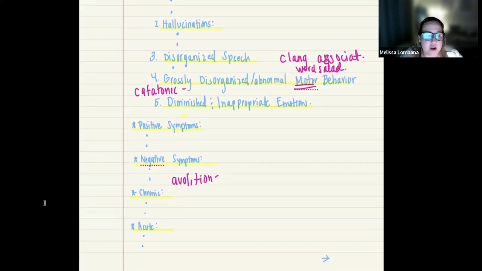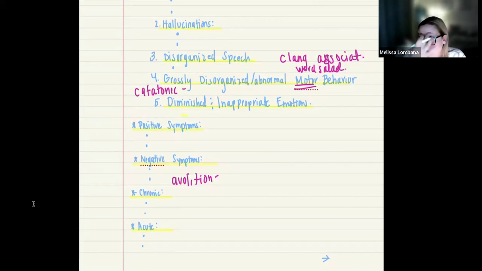And we're going on to what's called chronic schizophrenia and acute schizophrenia. Chronic schizophrenia is basically exhibiting persistent and incapacitating negative symptoms of social withdrawal. Okay, so chronic is just constant. They have the negative symptoms, so obviously it is very difficult to socially interact with people.